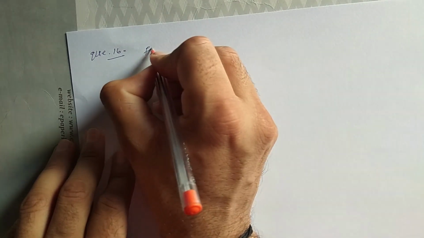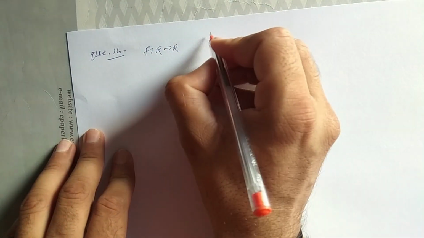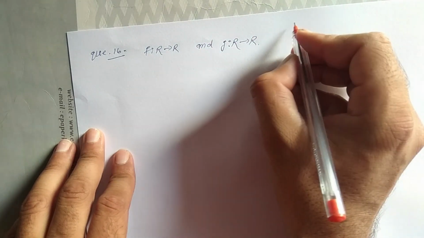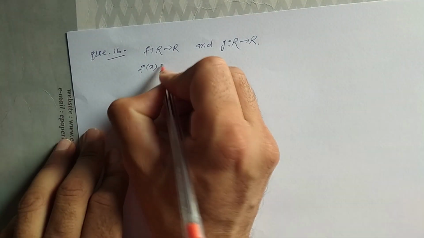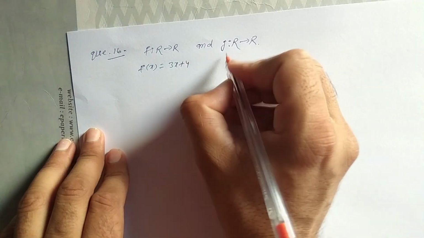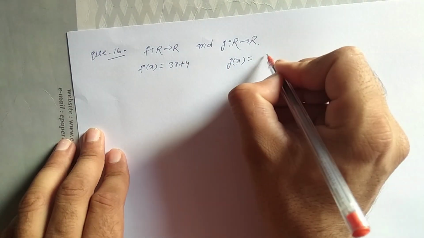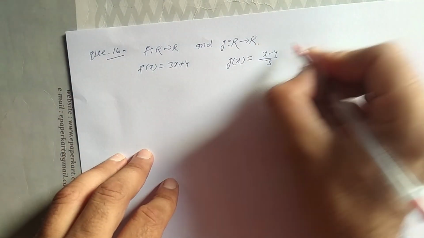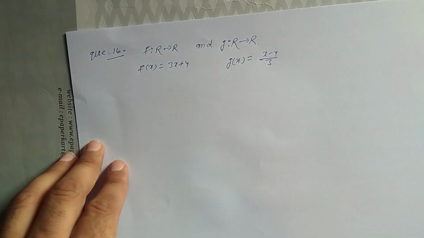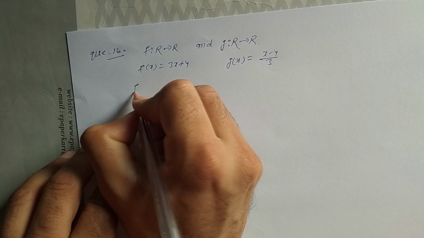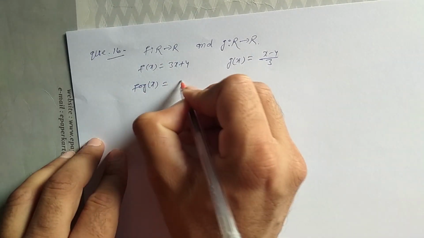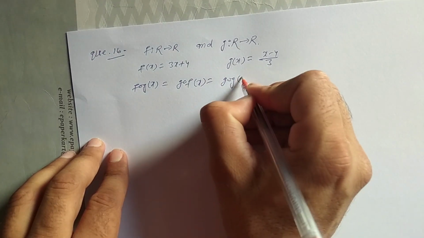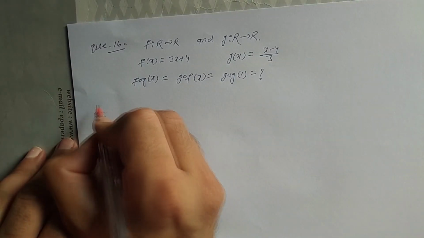If f from R to R and g from R to R are such that f(x) is equal to 3x plus 4 and g(x) is equal to (x minus 4) by 3, then find fog of x and gof of x, and gog of 1.